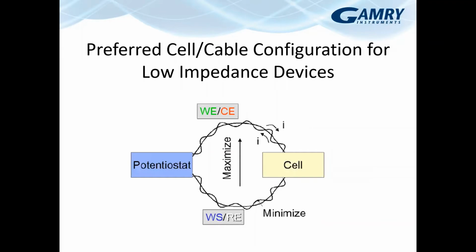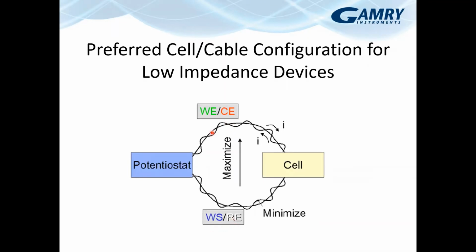So when you're measuring low impedance devices, and this is mentioned in the EIS talk for batteries, it's also going to be mentioned again because it is very important how you connect your cell up. You pair your force leads together, working and counter electrode leads, and your sense leads together, working sense and reference.